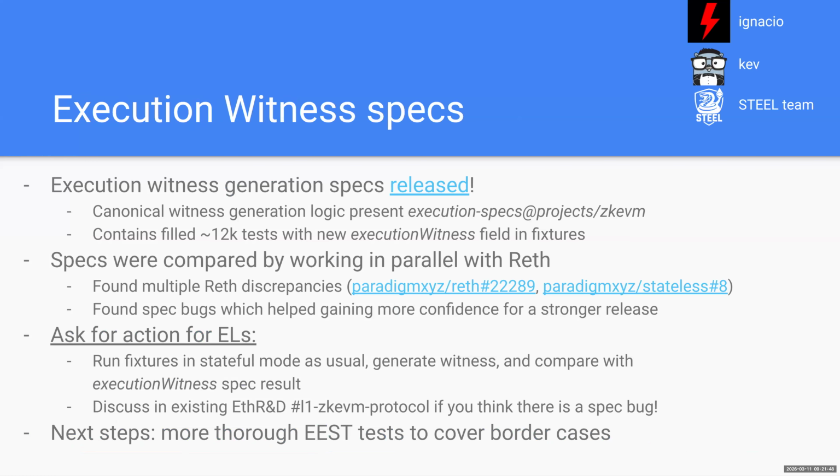And as a last update for this project, we are very happy to announce that we have been working and released the first execution witness generation specs. You can find this in the execution specs repo in the project/zkEVM branch.